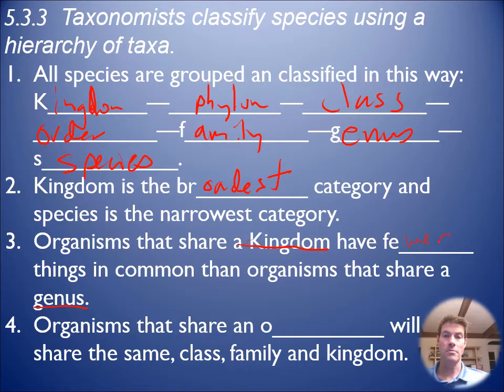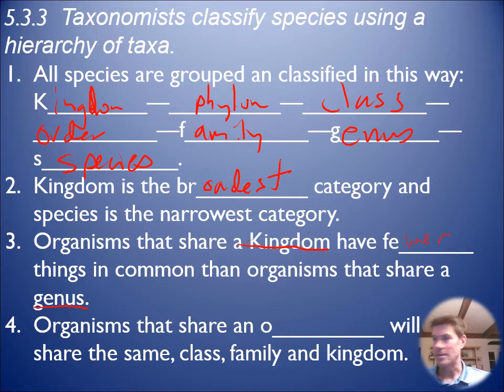But like Canis, you look at cats, Canis pantherus, Canis familiaris, the house cat, Canis felis, the lion. They're under that same genus of Canis, so they're pretty similar. But under the kingdom Animalia, like with us, they share fewer things in common. So hopefully that's not too confusing how I explained it.